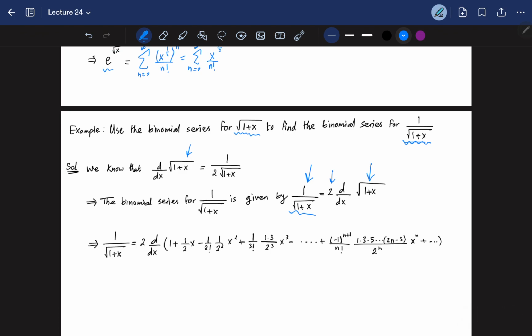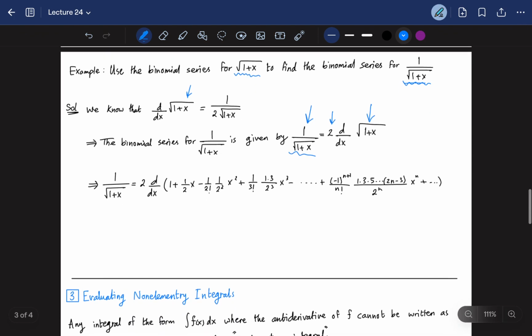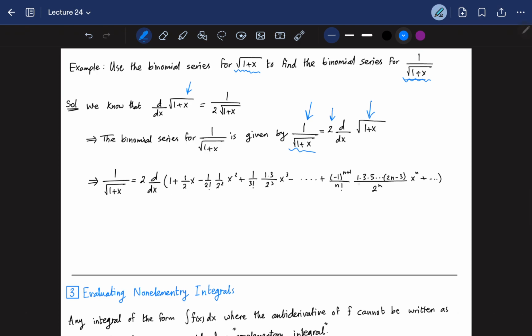But we already found it in the previous example. Once you take the expanded form of it, I just find the derivative of each term separately. And once we're done finding the derivative of each term, if we write it as a general formula, that would be the binomial series for the function that we want to find.